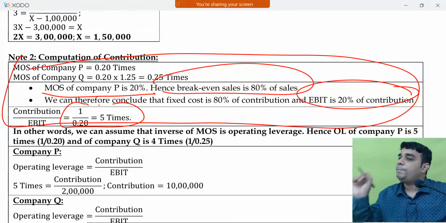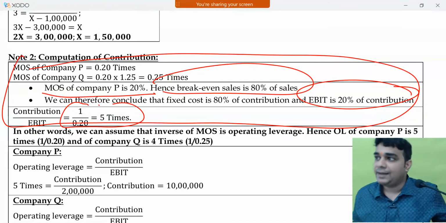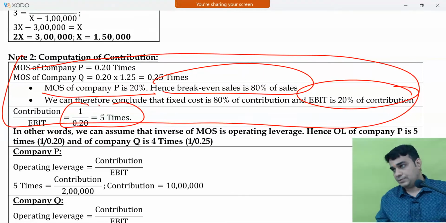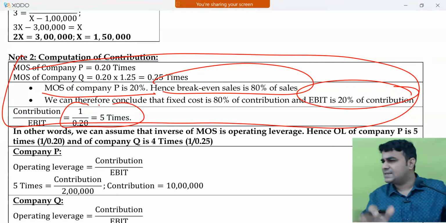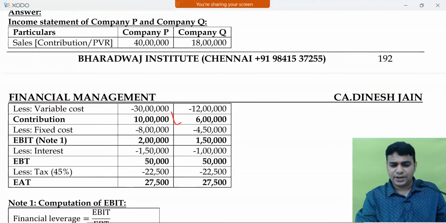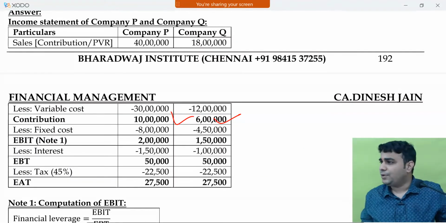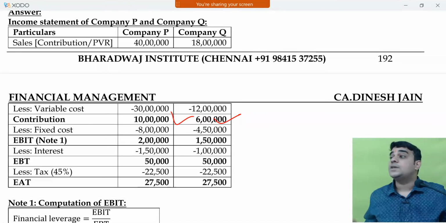In short, operating leverage has a new formula which I did not touch upon till now, and that is inverse of margin of safety. The balance is a formality beyond that. Once you use that, you will get your contribution. Using that, you will get your sales. All that is okay. The important thing is inverse of margin of safety.